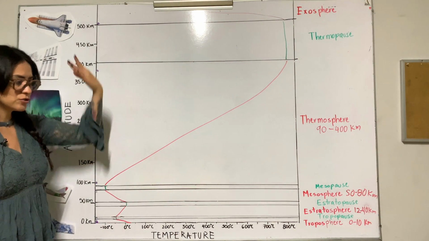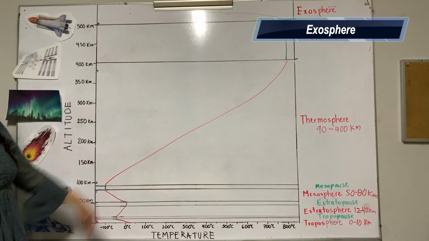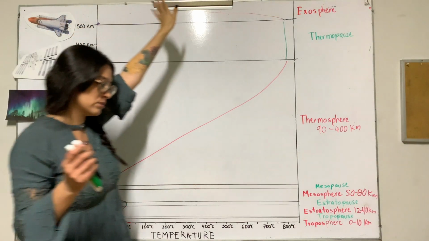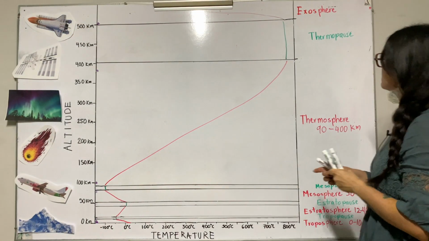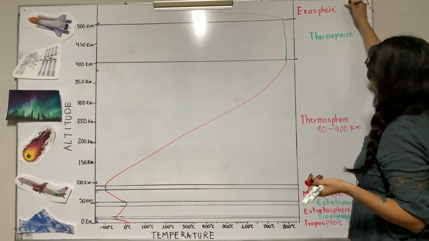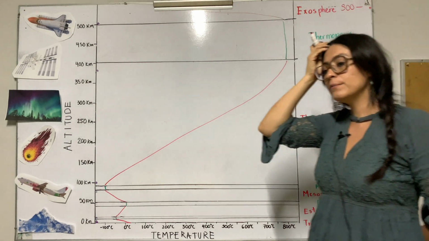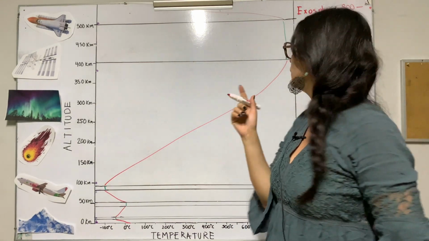So let's just refresh one more time. The exosphere would be between 500 kilometers and beyond. Why do I say beyond? Because yes, it's between 500 kilometers, but I have seen different numbers as well for the exosphere.